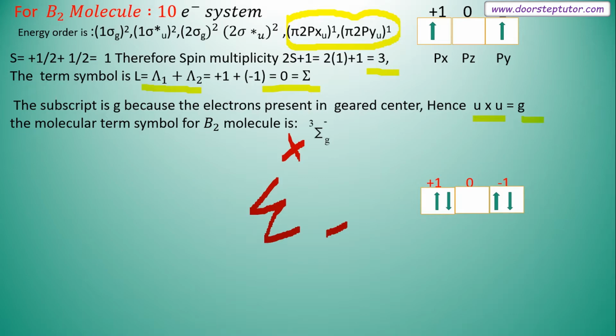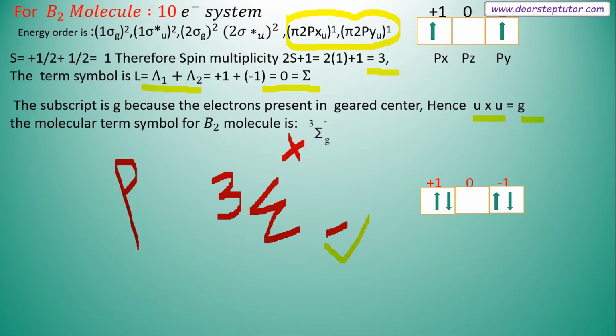If the electrons are present in p orbitals, that is very important. If the spin multiplicity value is 3, then you assign a negative superscript. That is very important.